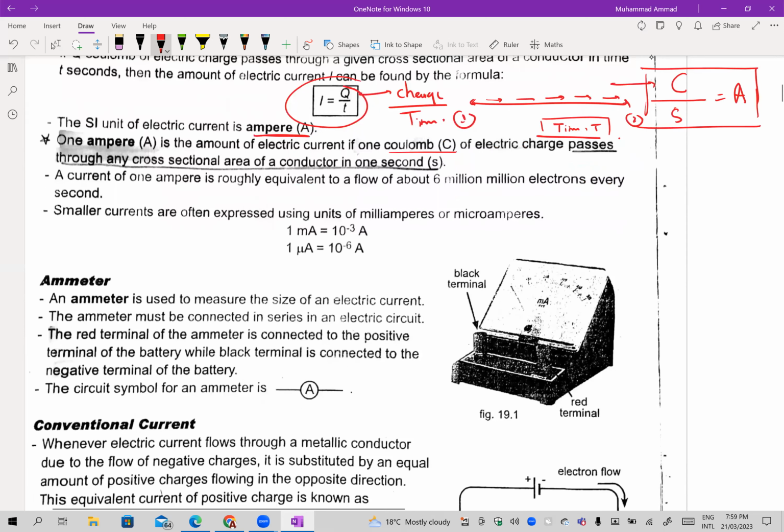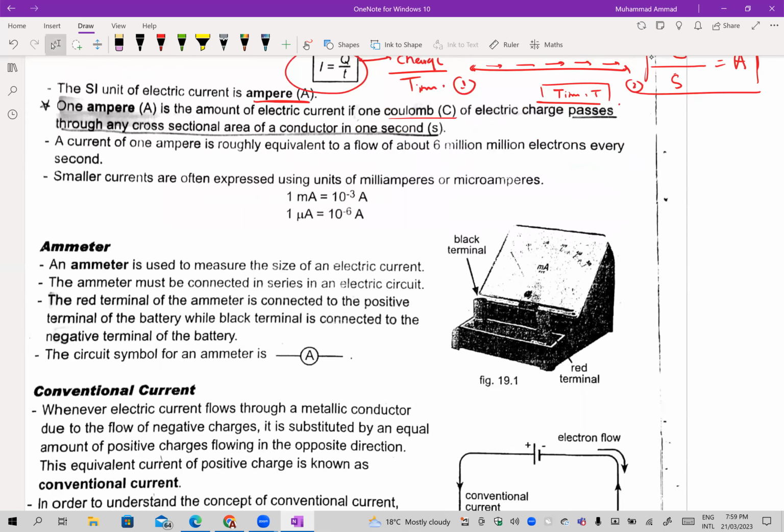I'm sure you already know this theory of the prefixes, right? If let's say the amount of current is very small or very large for that matter, you can always represent them in form of their exponents, right? For example, if it's 0.001, it could be represented as 1 milliampere, or 1 times 10 raised to the power of -3 amperes, right?